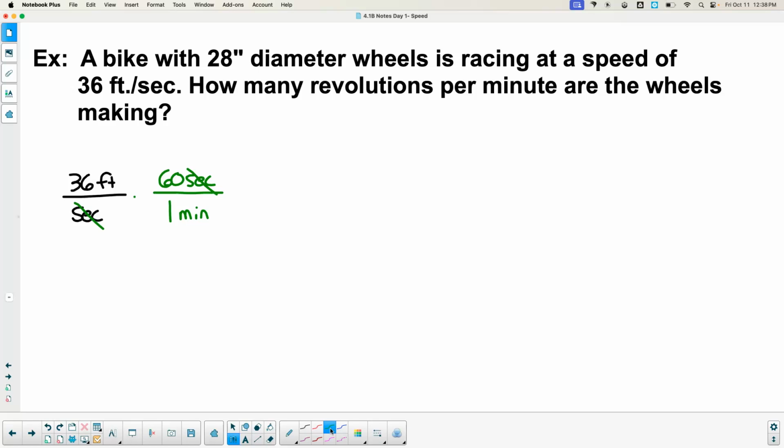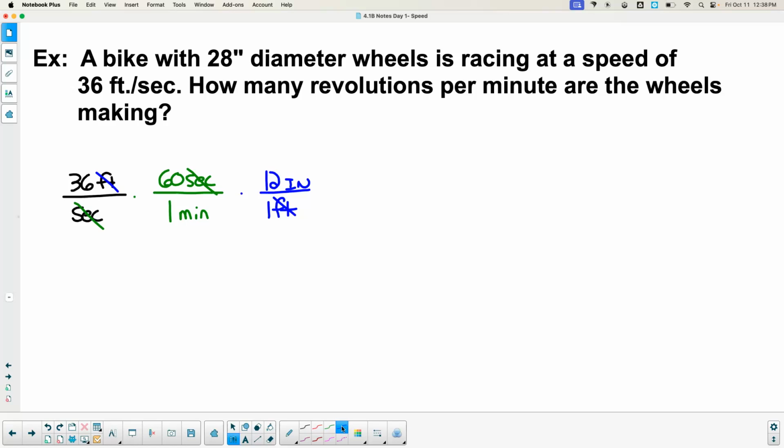Okay, so that's gone. Now I just got to take feet and make it into revolutions. Okay, my diameter is in inches. So therefore I am going to need to first convert 1 foot into 12 inches. One foot is now 12 inches. Okay?